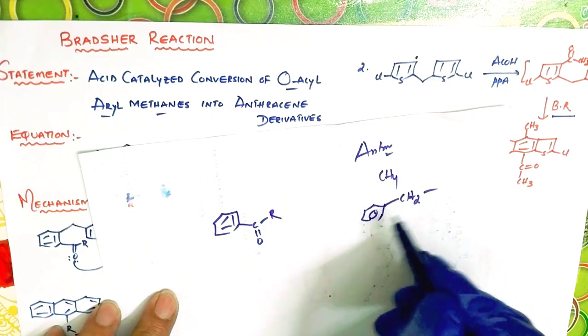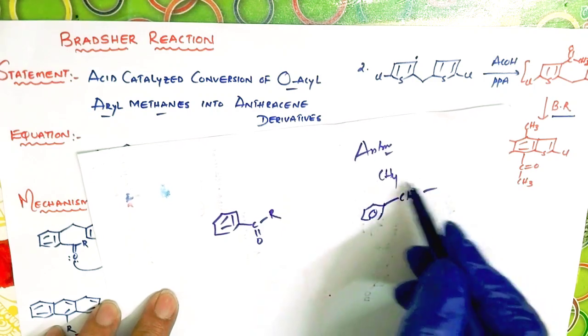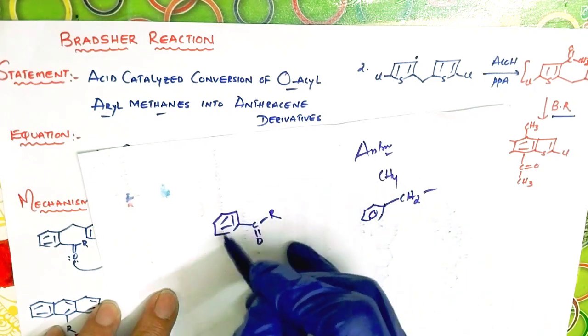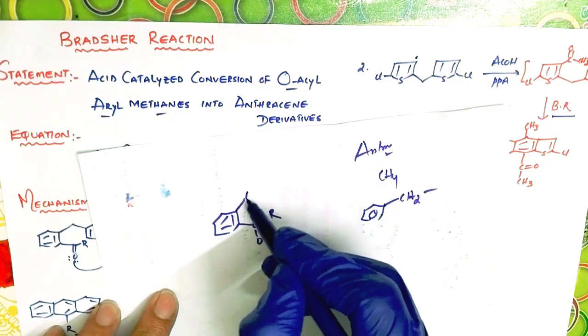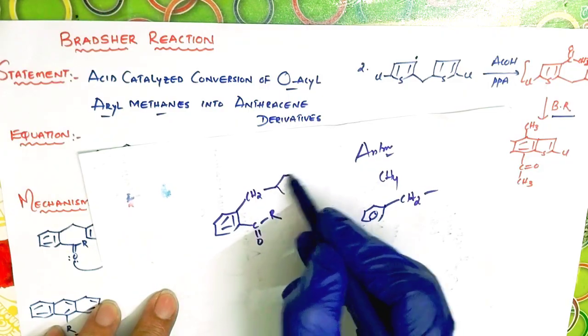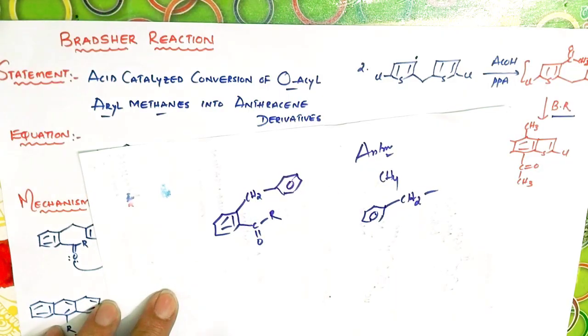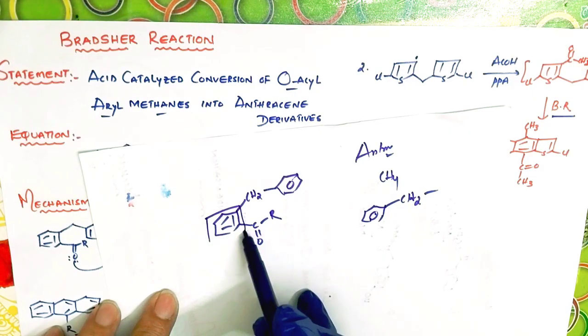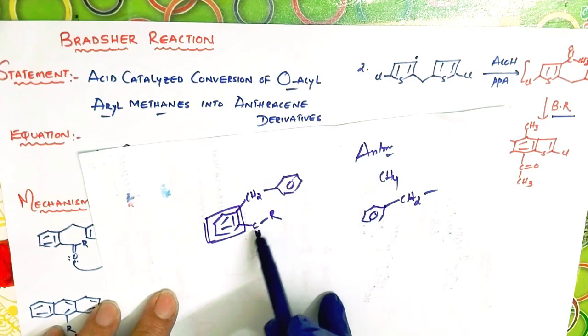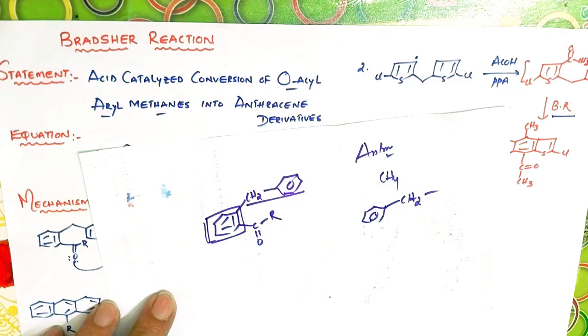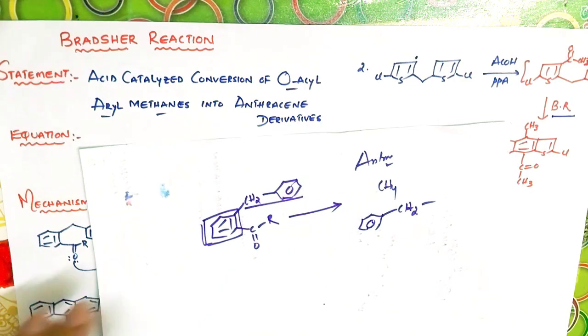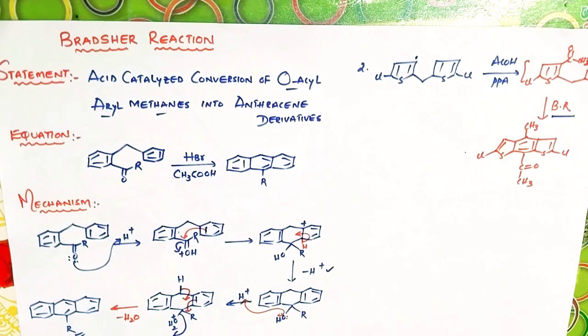Aryl methane. This group will be connected to what? This acyl one, CH2 benzene ring. So according to this benzene ring, this is the acyl position, acyl one. Both are ortho to each other, and this one is aryl methane. So these type of reactants will be converted into the corresponding anthracene derivatives.